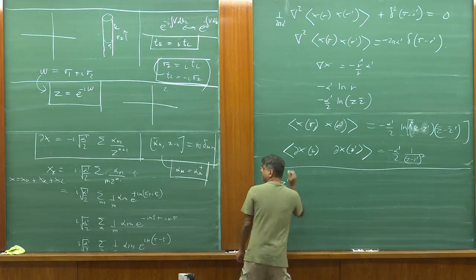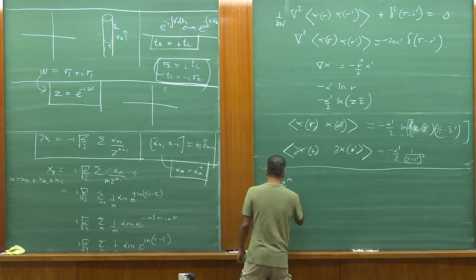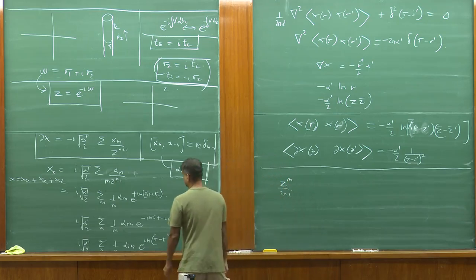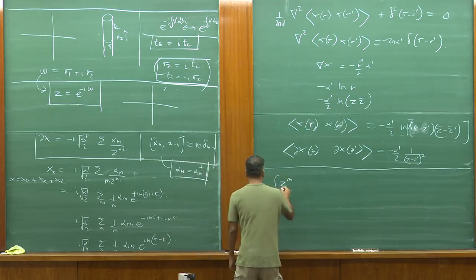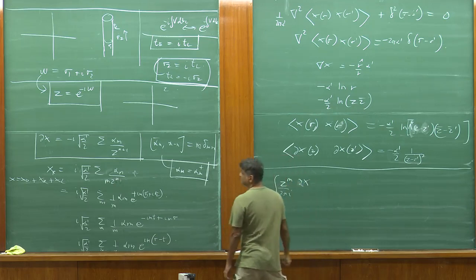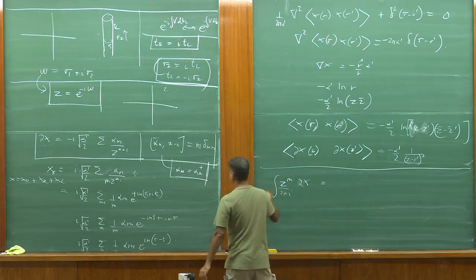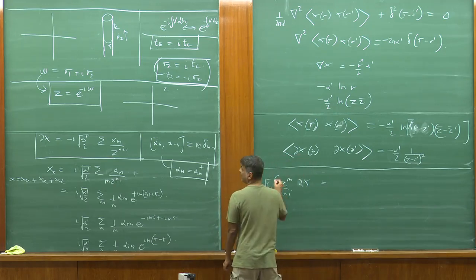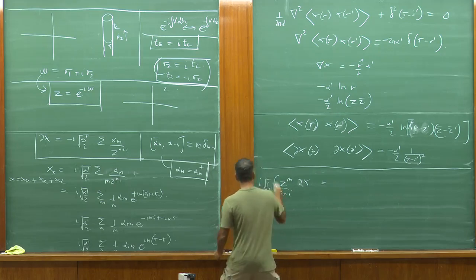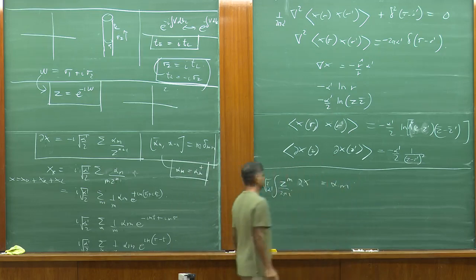Z to the power m, 1 over 2 pi i, integral dx, and let's put square root 2 by alpha prime and maybe a factor of i, is equal to alpha m. Is this okay?